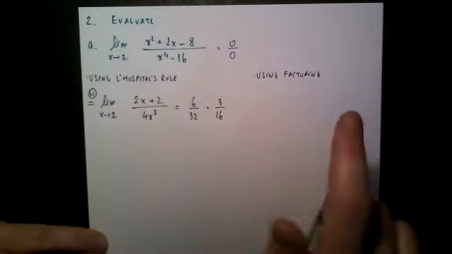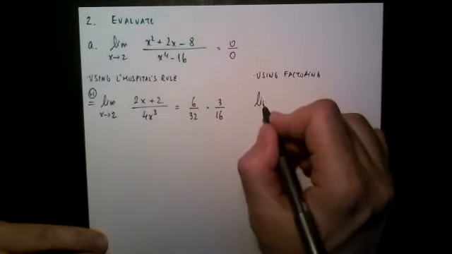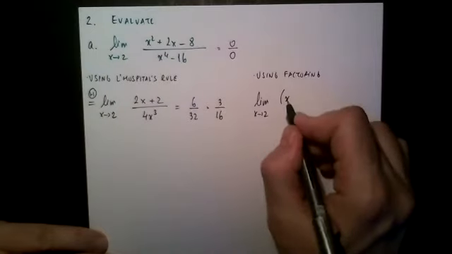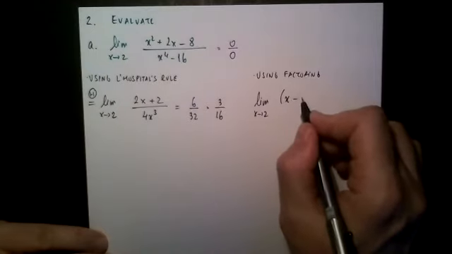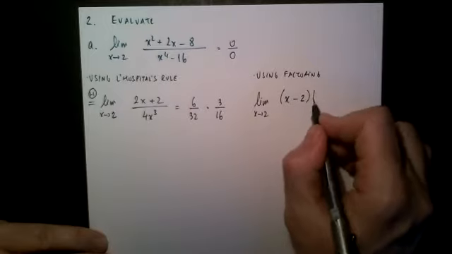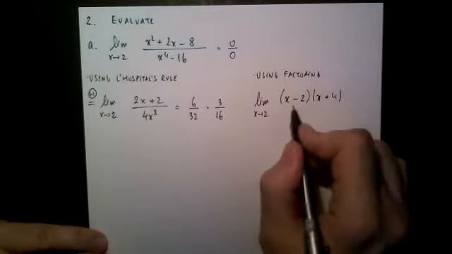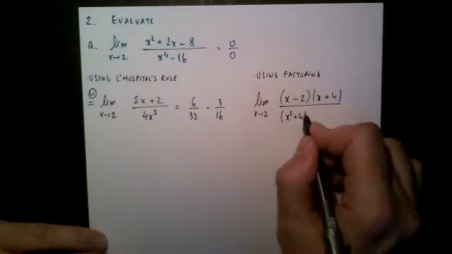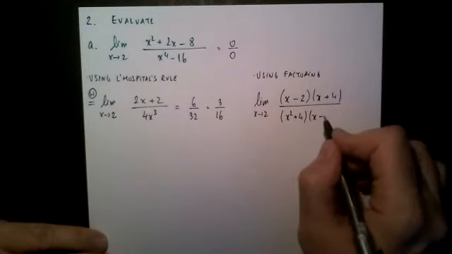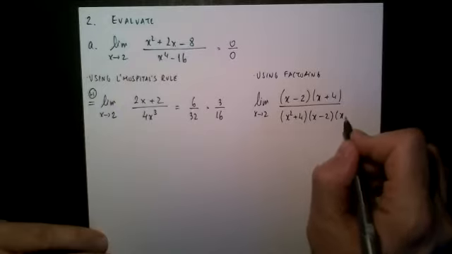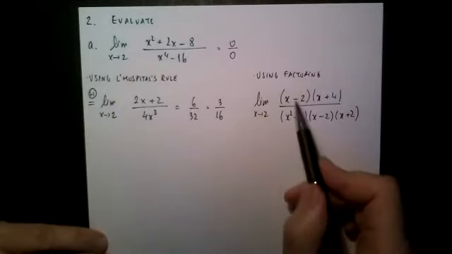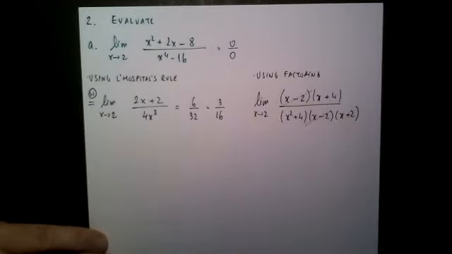Okay, and then using factoring, limit as x approaches 2. I'm going to factor the top. I get x minus 2 times x plus 4. And on the bottom, if you factor, you get x squared plus 4 times x squared minus 4, which is x minus 2, x plus 2. Cross out the x minus 2's.